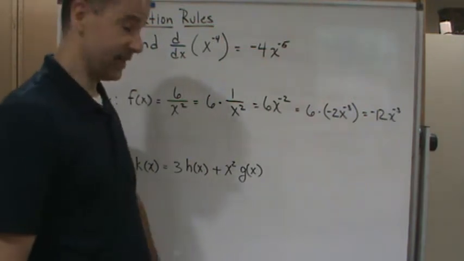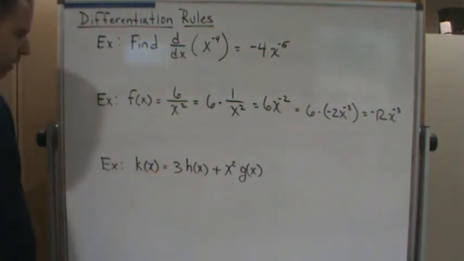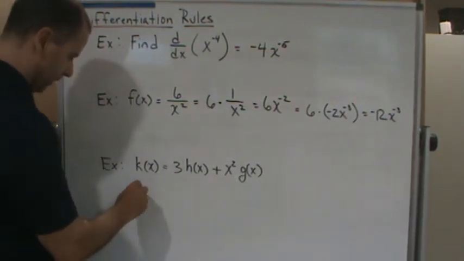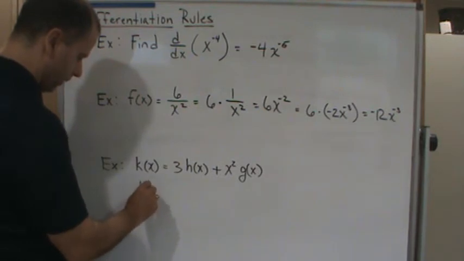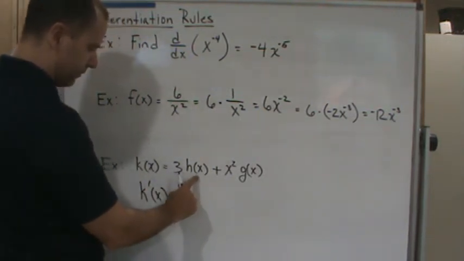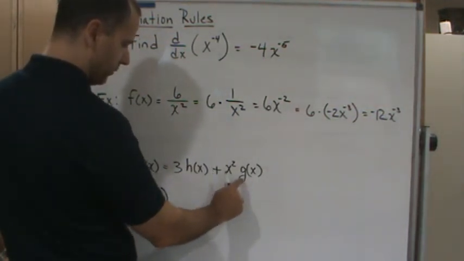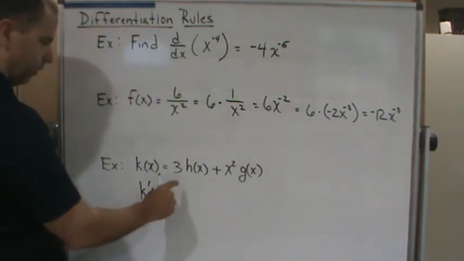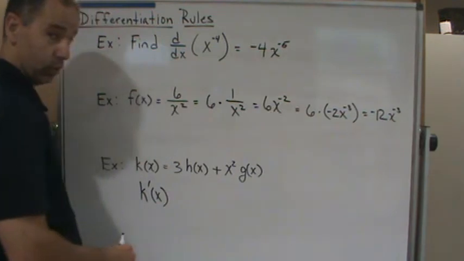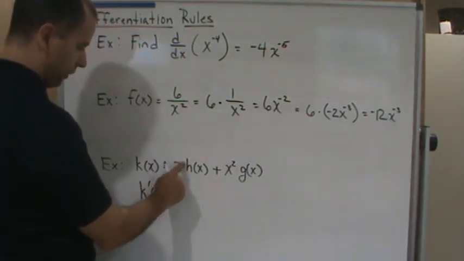So that's that one. Now, this one here, we want to find k prime of x. So let's do this, right? So this is going to be k prime of x. Now again, I've got a constant times a function plus a function times another function. So here I'm going to use the constant multiple. Here I'm just going to use the product rule. So this means I'm going to pull the constant out.